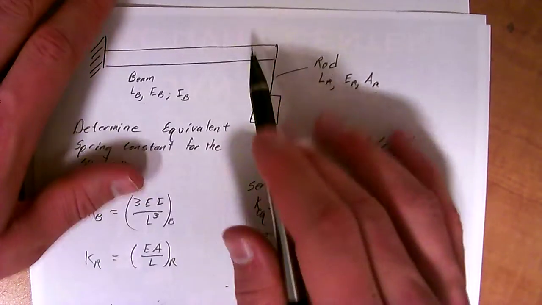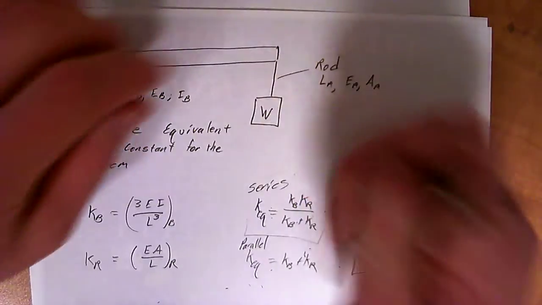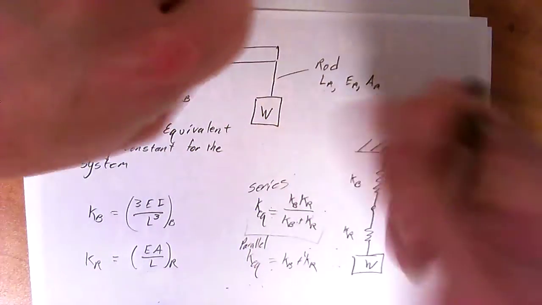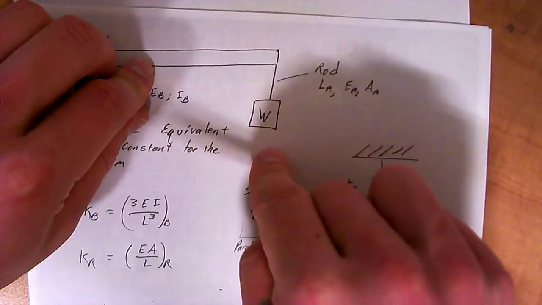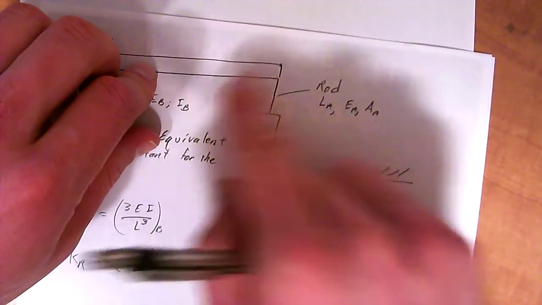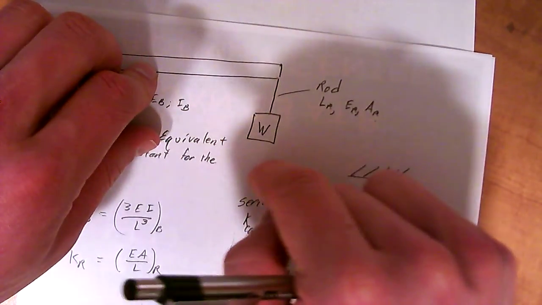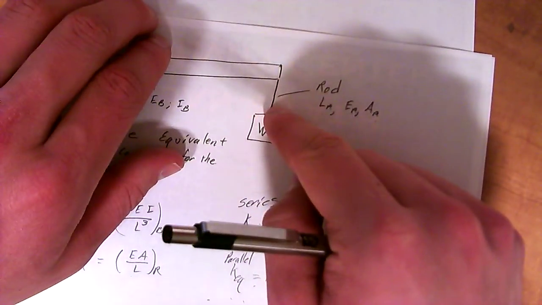So basically the main thing to take away from this is when you have a beam that's bending, you've got to be really careful how you set up the system here. This can't be in parallel because, since they are directly connected, they can move independently of each other. This can stretch a little bit without really pulling this down any further, and this can stretch a little bit without really lowering that at all, or affecting how far this spring stretches.